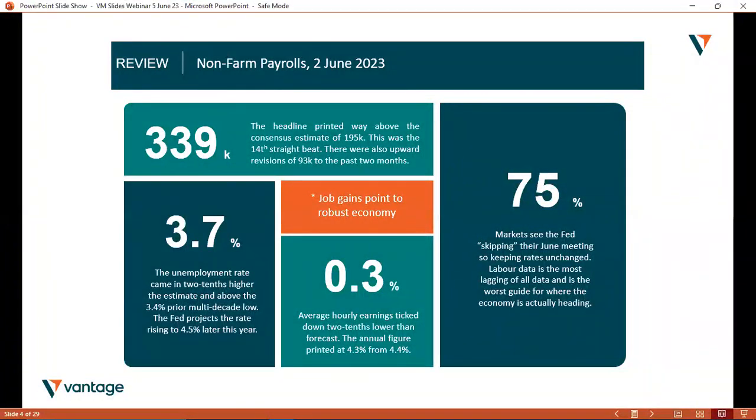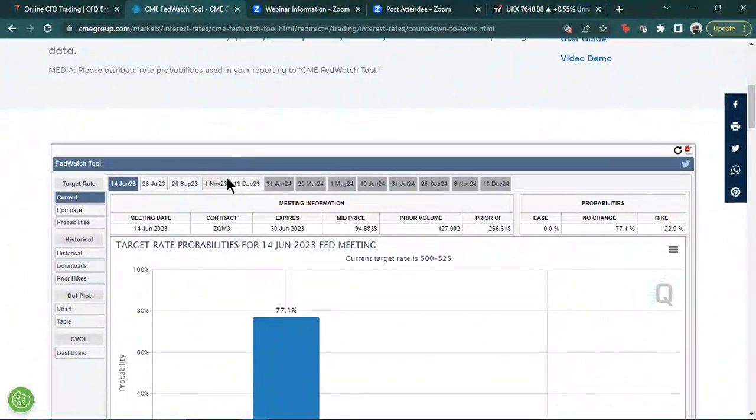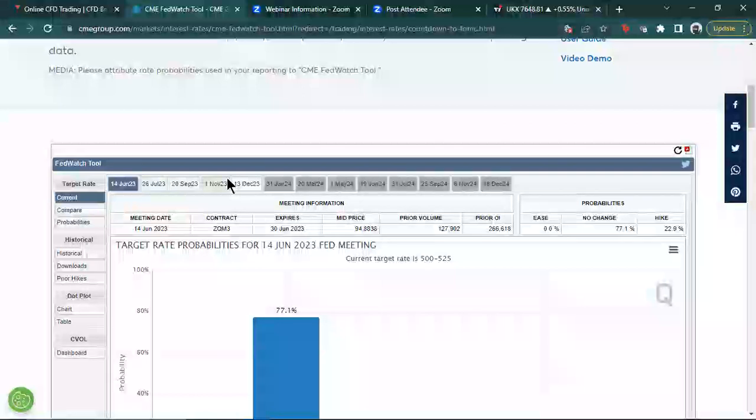Excuse me. If I just pull you over to what we like to pull up, which is the CME FedWatch tool. If some of you don't know what this is, it's a great tool available online. It analyzes the probability of FOMC rate moves for their upcoming meetings.